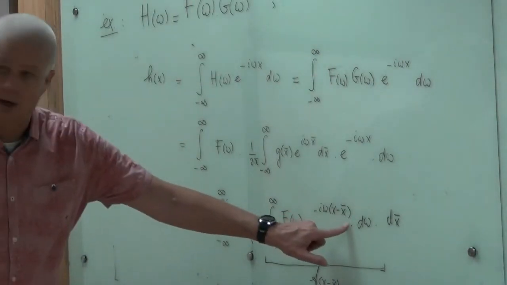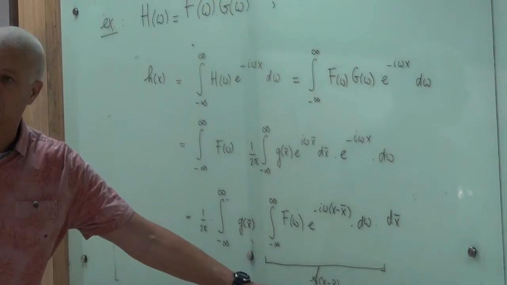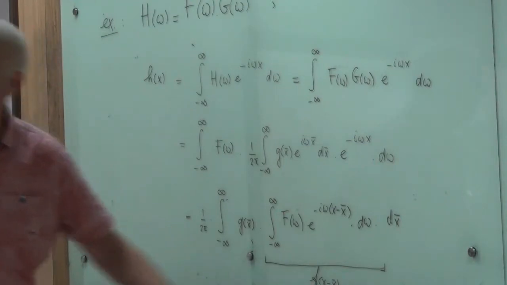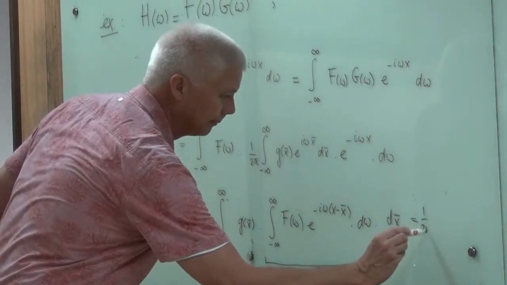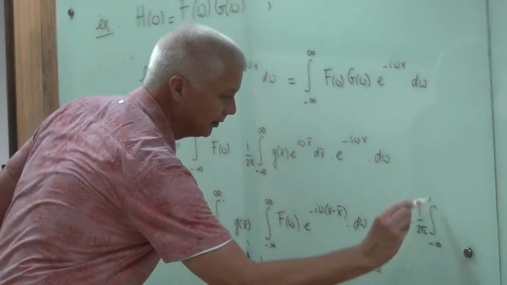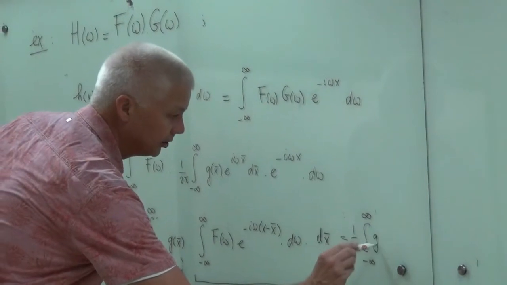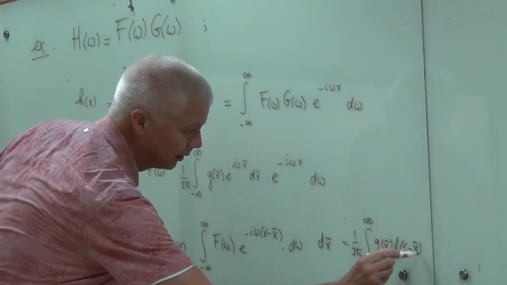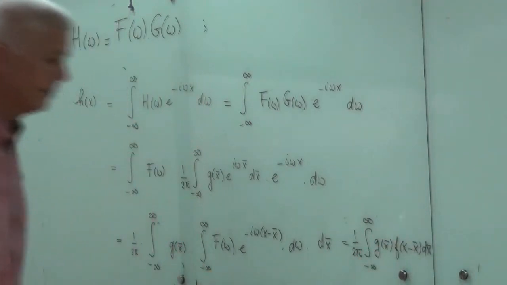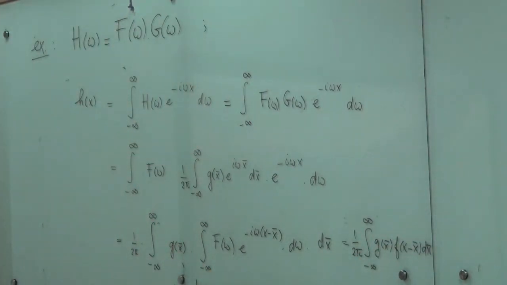But now the x is not x, but it is x minus x bar. So I will get the function f of x minus x bar. So this is equal to 1 over 2 pi, integral from minus infinity to plus infinity, g(x bar) f(x minus x bar) dx bar. I know my small f, I know my small g, I can compute this and I have my function h(x).